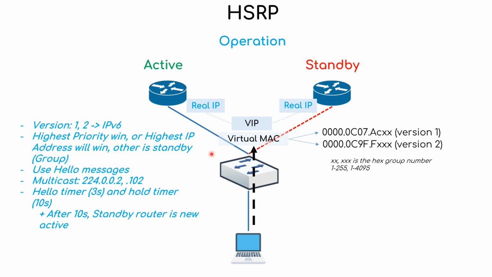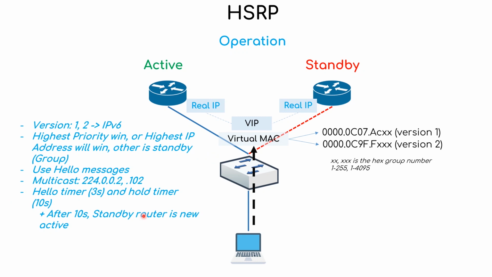Each router in the group will have a real IP address on each interface in the same subnet, and the election process will use the priority configured on the routers. The highest priority will win, and that router becomes the active router. Another router will be the standby router.